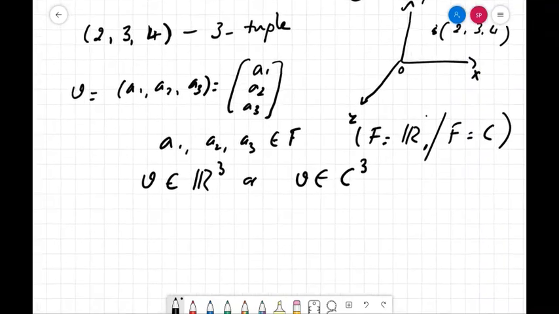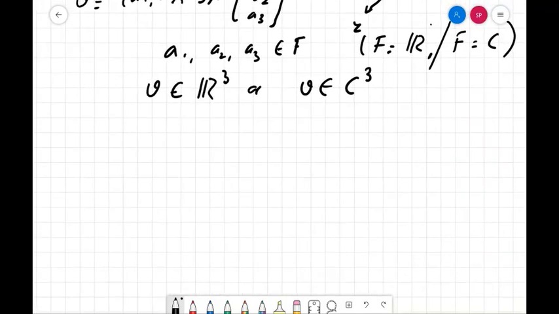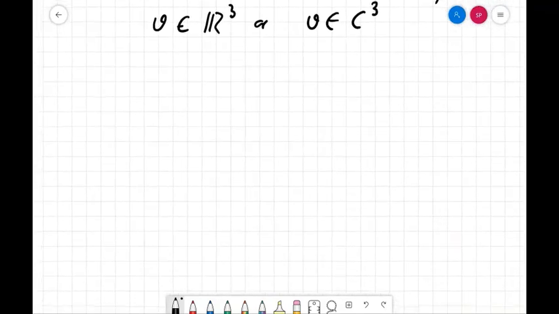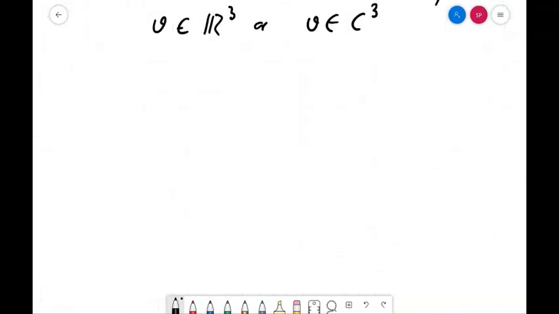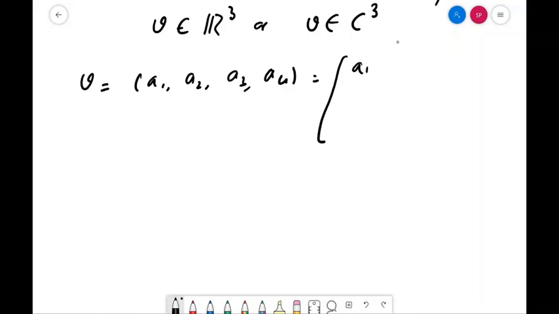So up to here, 2-dimension and 3-dimension, we can visualize geometrically also. But suppose I take a vector v = (a1, a2, a3, a4), because in algebra I can have something which can be determined by 4 parameters.